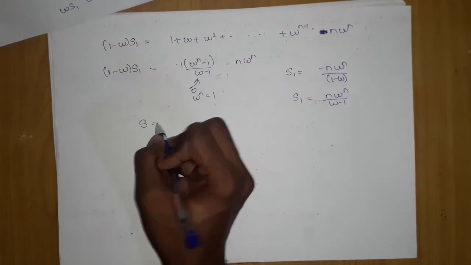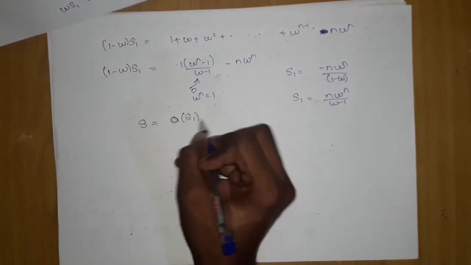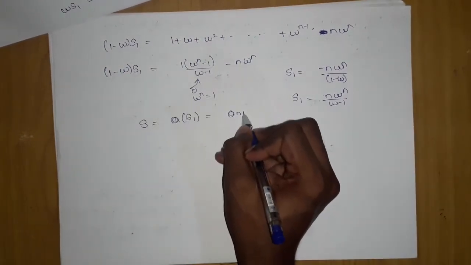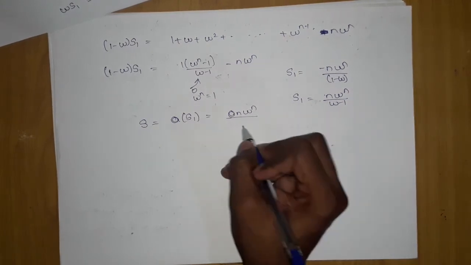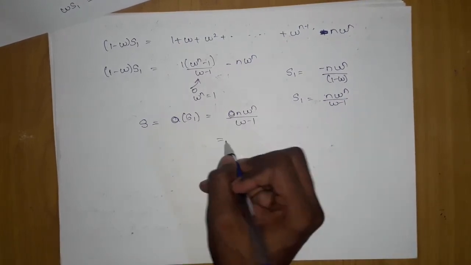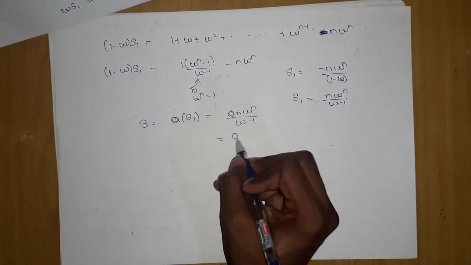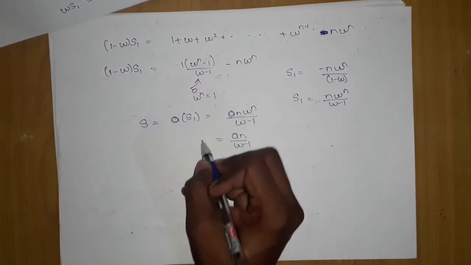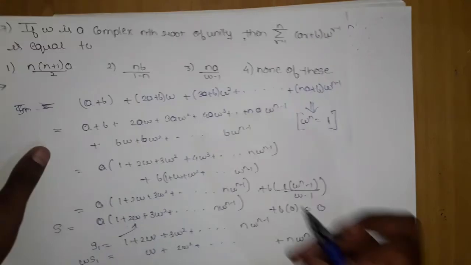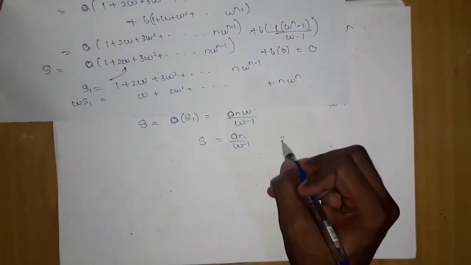Now we know s was a into s1, and omega power n is 1, so a n upon omega minus 1 is our answer, which is the third option. So third is the answer.